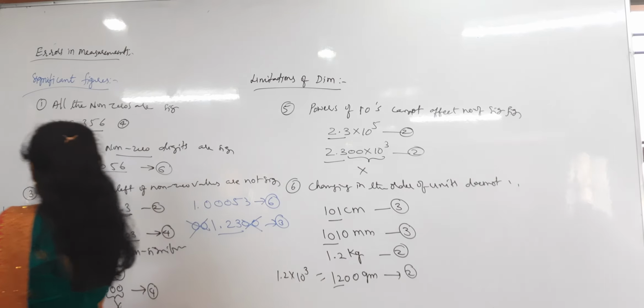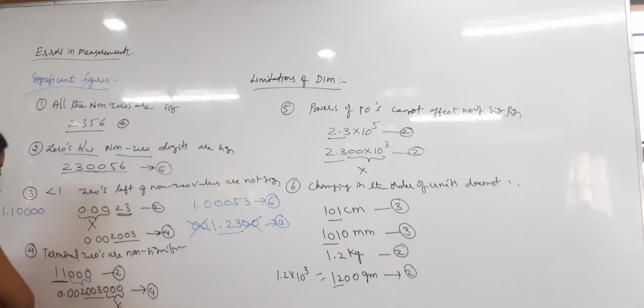Write that example, 0.0023. Underline 2, 3. Only two significant figures are there. Write all the examples, the 4 examples I have written. Write all of them.